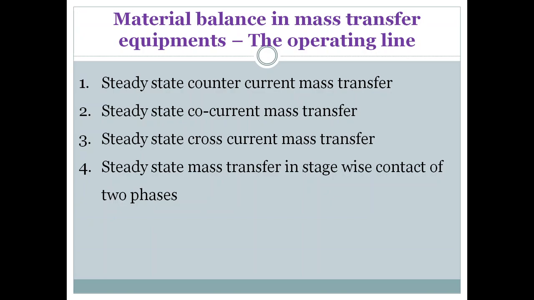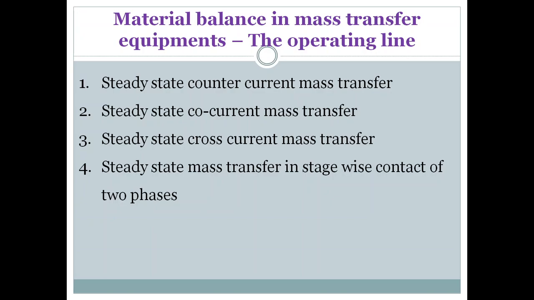If during construction we consider Ls, Gs and capital X, capital Y, that is, mole ratio, then the slope of the operating line will be Ls by Gs, which is constant because Ls and Gs are the solute free flow rates or inert flow rates.